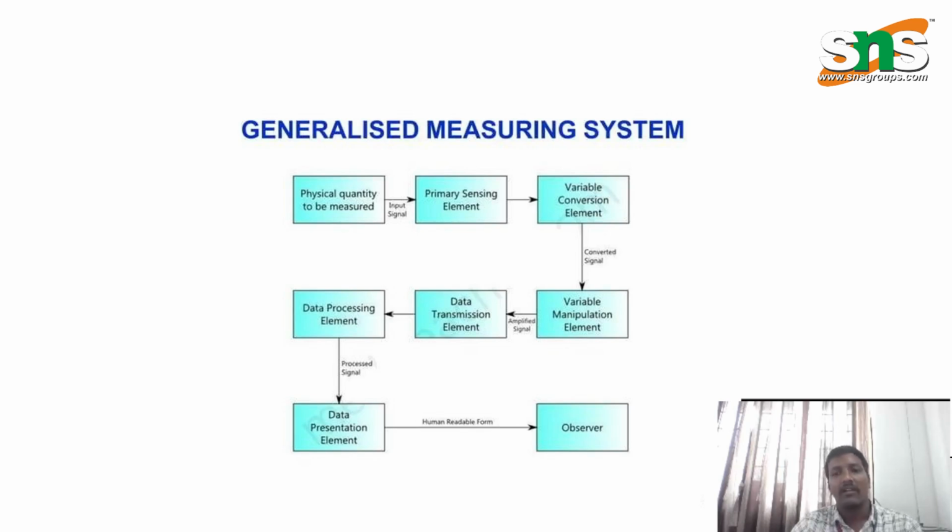Then comes the variable conversion element. It is used to convert the data to a value known to us, and then the signal is converted to a manipulated level by using some kind of mechanical part. In the manipulation element, we convert the data.